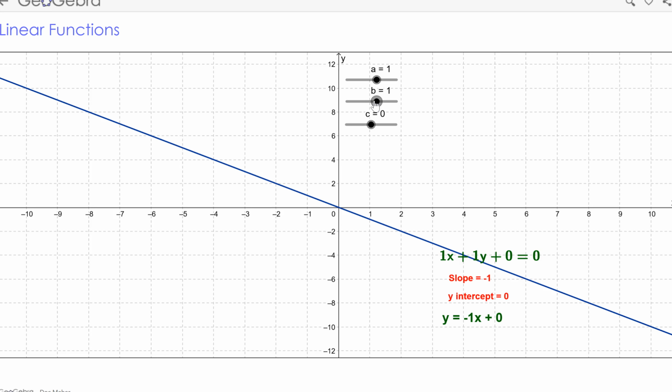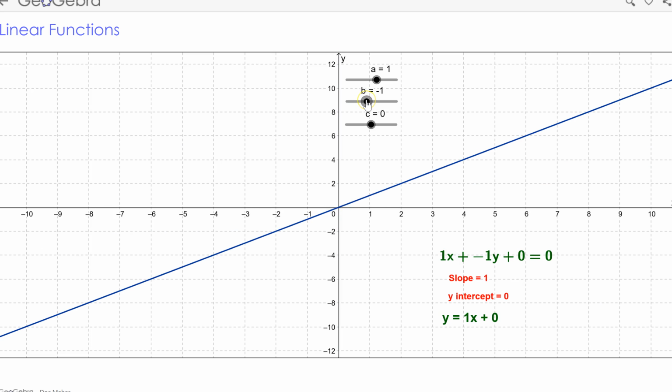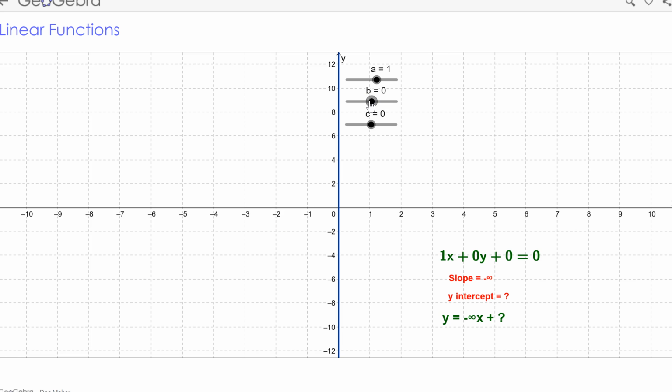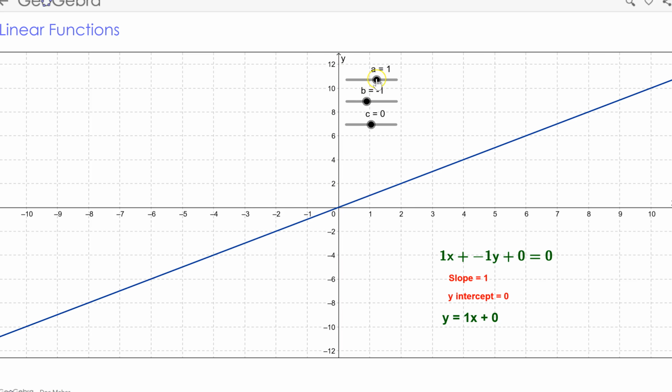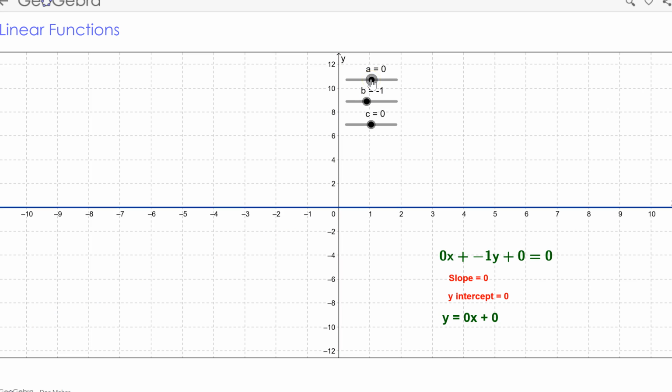If I make them the same size but opposite in sign, I get a line with a slope of plus 1. If I set b equal to 0, I get the vertical line with an infinite slope, and if I set a equal to 0, I get a horizontal line with a slope of 0.